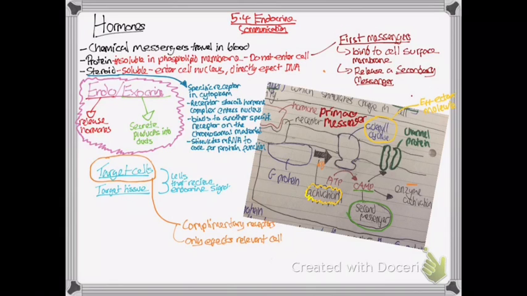So it can enter our nuclear envelope, and it binds to another specific receptor on the chromosomal material. So let's remember, the steroid hormone diffuses into the cell, it binds to a receptor within the cytoplasm. That forms a receptor steroid hormone complex which can enter the nucleus. It binds to another specific receptor on the chromosomal material which stimulates mRNA to code for protein function.